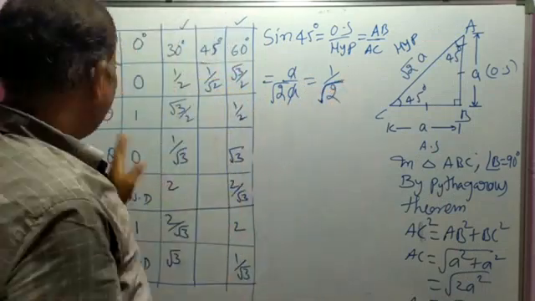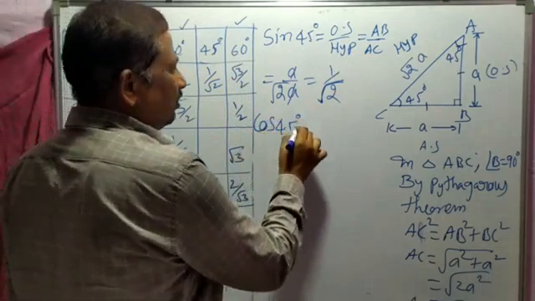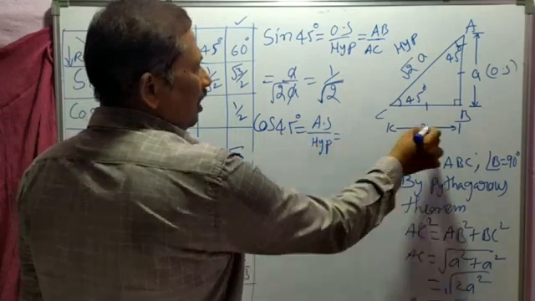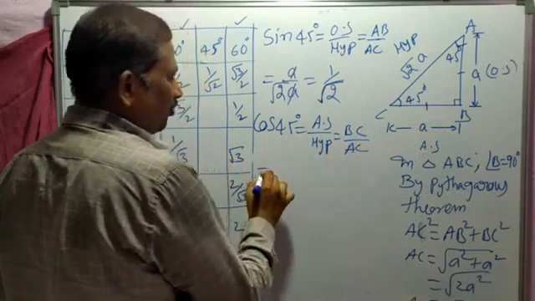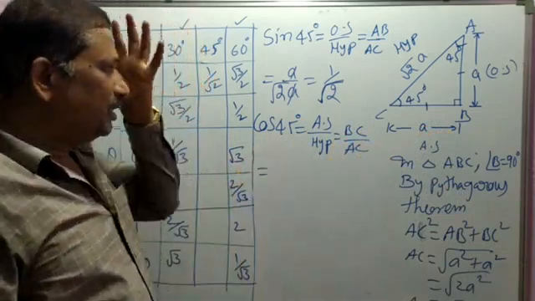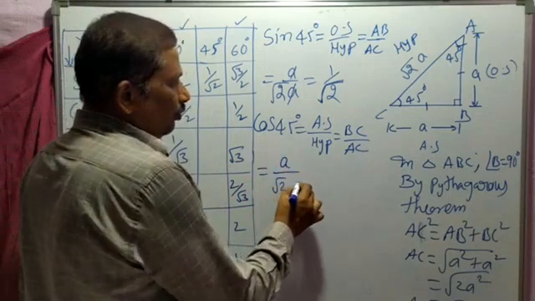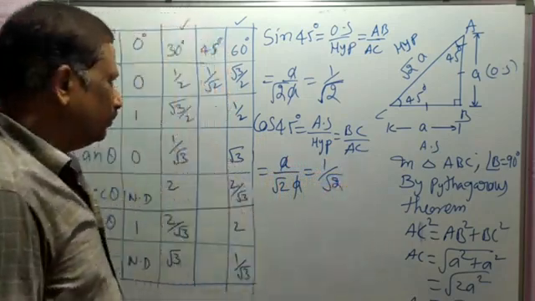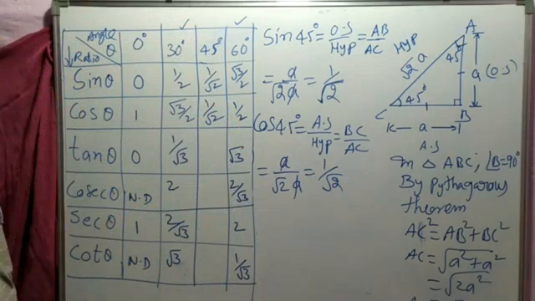Okay. Next coming to cos 45 degrees. Cos 45 degrees, adjacent side by hypotenuse. Adjacent side is BC. Hypotenuse is the common AC for both. So now BC is nothing but A by root 2 A. For this also we will get the same value, 1 by root 2. Next coming to tan.